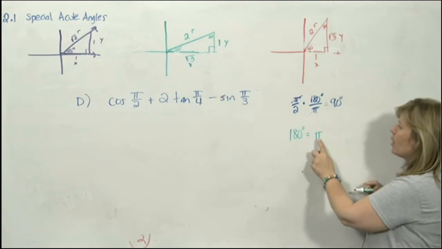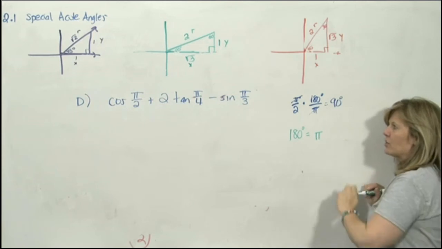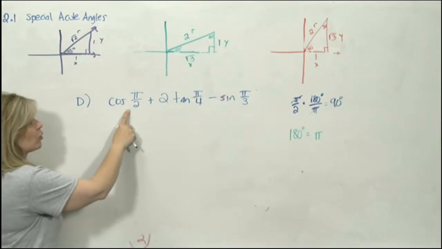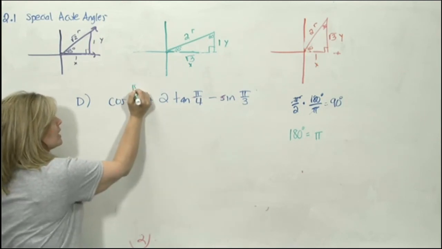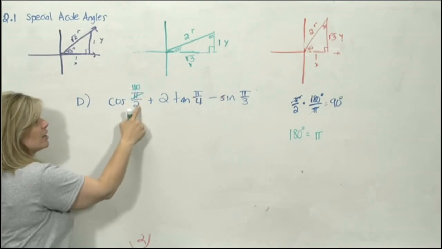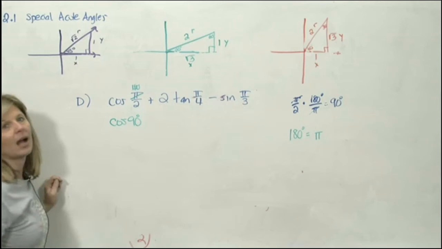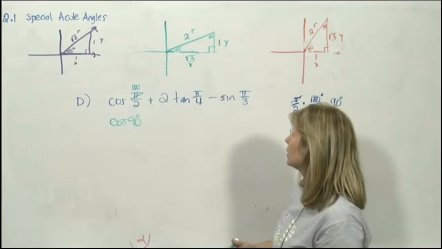That means every time you see the pi symbol, it stands for 180 degrees. So a quick way to change radian measure into degrees is every time you see the pi symbol, replace it with 180 degrees. And 180 degrees divided by 2 is 90 degrees. I wanted to wait to show that to y'all till you got familiar with radians.